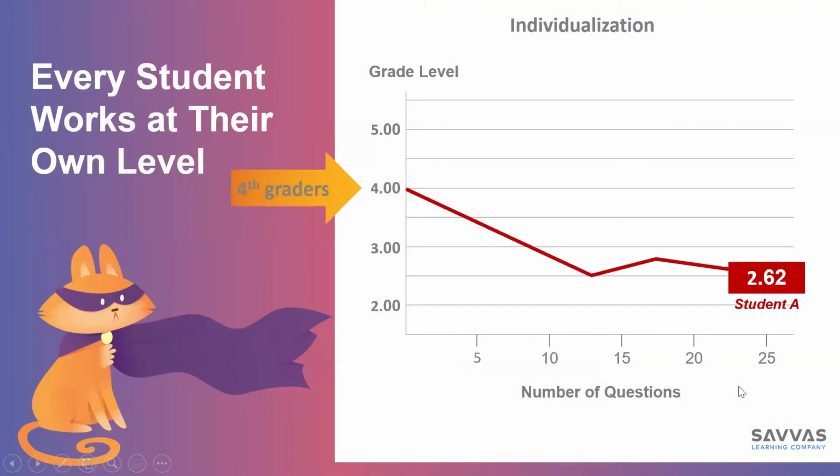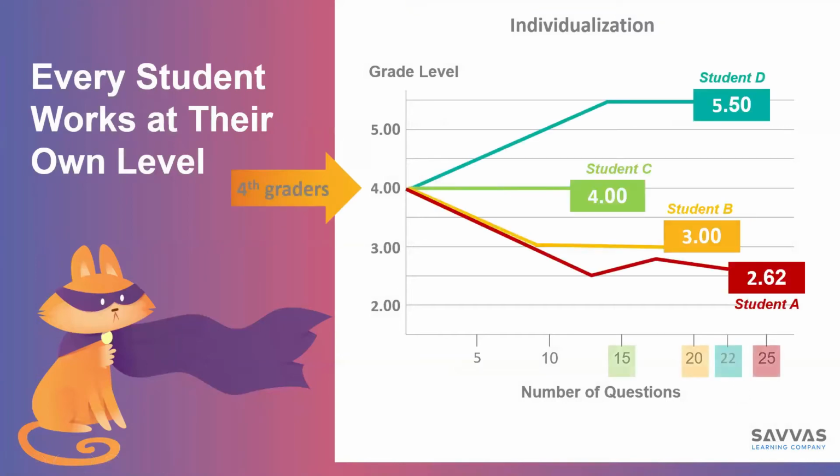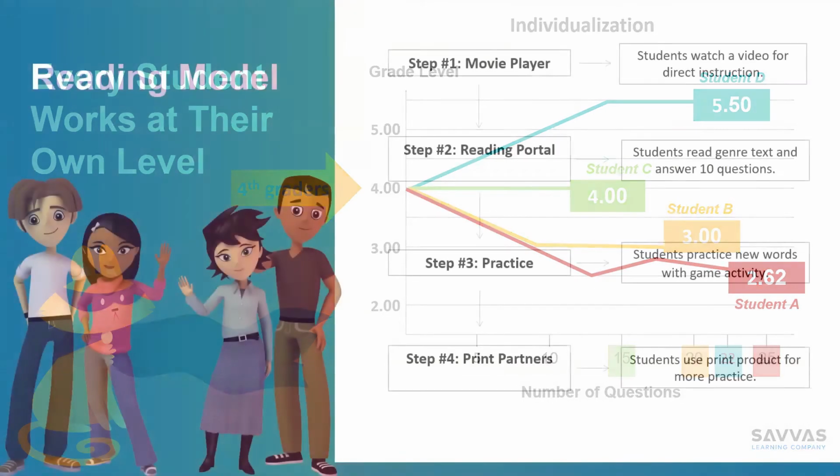This is what I'm talking about with the diagnostic. We had fourth grade students, and depending on how they perform, you notice each student went in a different direction. That's the adaptive motion, and it starts from the very beginning.